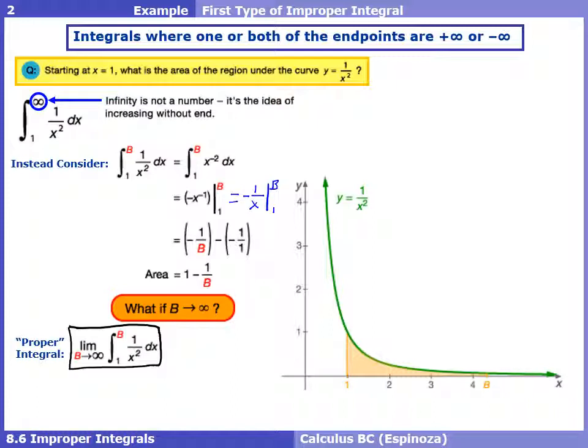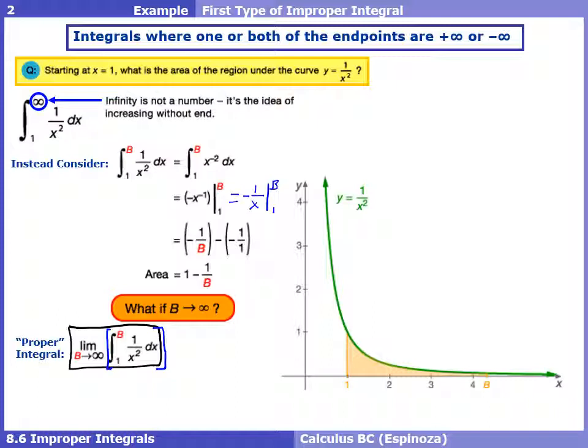And really all it involves is you replacing that bound that makes it improper, which was of course the infinity, and replacing it with some letter. Here I called it b. And then of course we want to take the limit as that letter goes to infinity, and again here we're choosing the letter b.